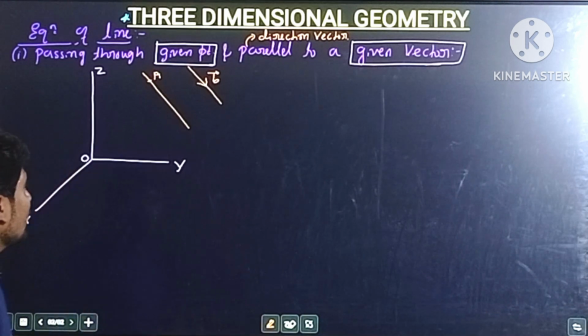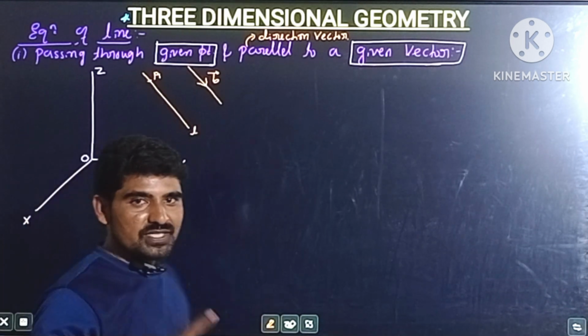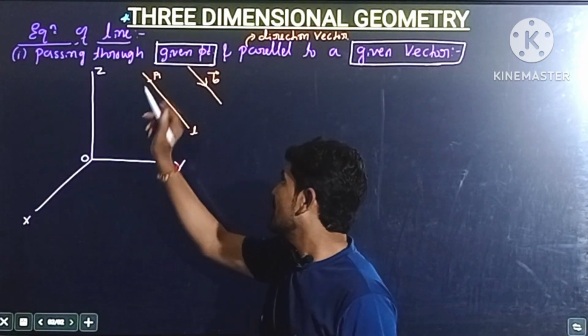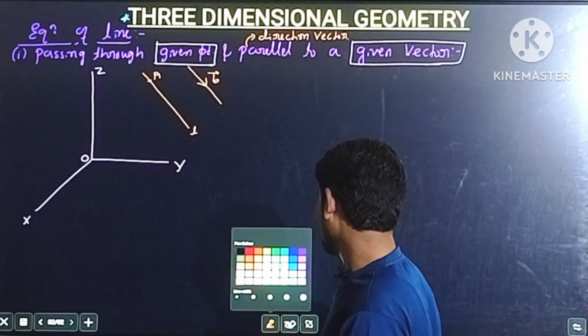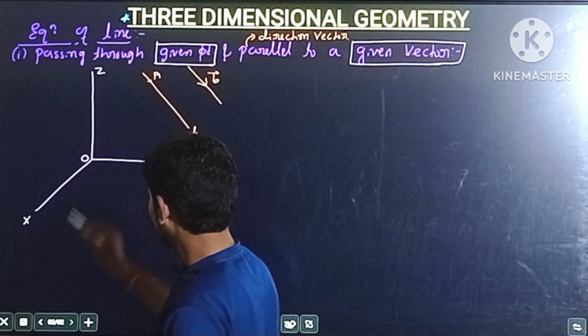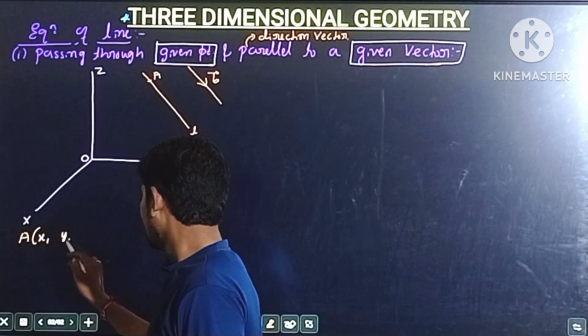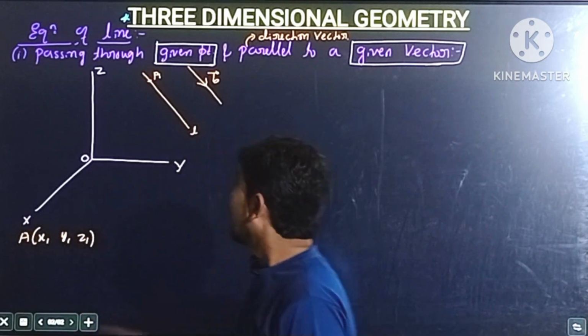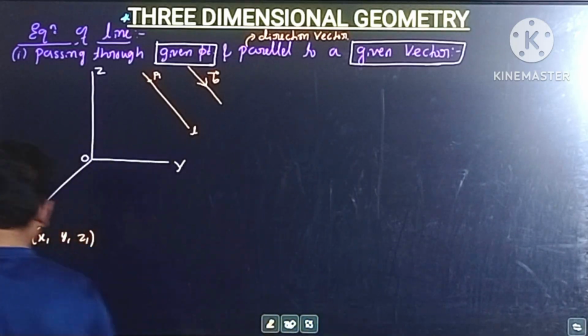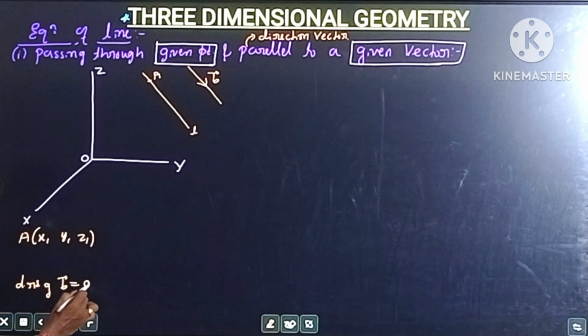See here, now we need this line, the line L. So what is the equation of line? Basically this line passes through the point A and is parallel to the vector B. The coordinates of the given point A are x1, y1 and z1, and the direction ratios of the parallel vector B vector are a, b and c.